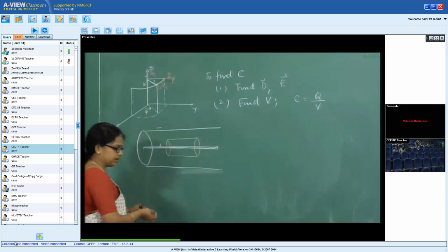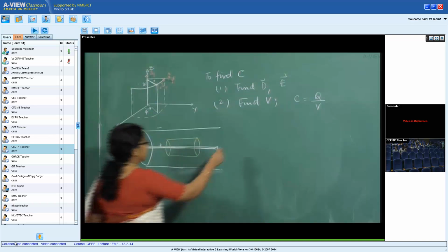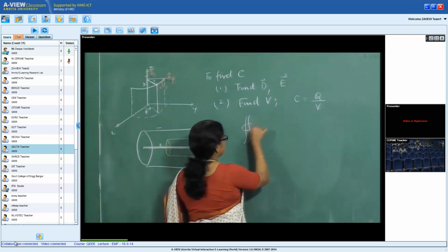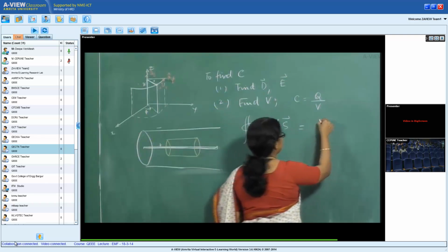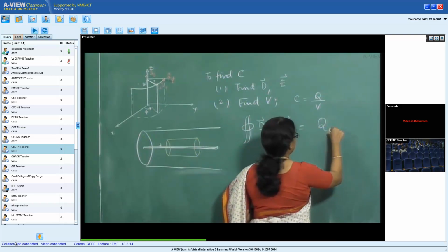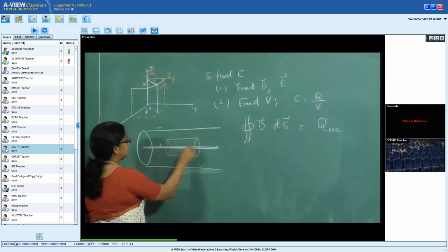Now, what is the direction of D? I want to be using this relation, closed integral D dot ds is the charge enclosed. I do not know what the charge enclosed is.